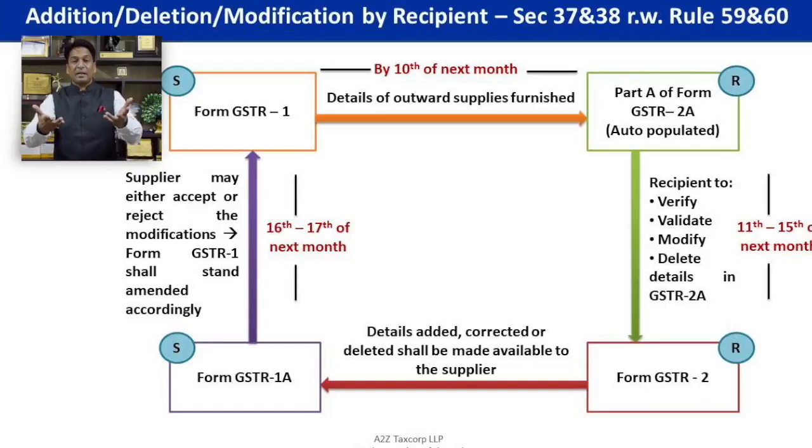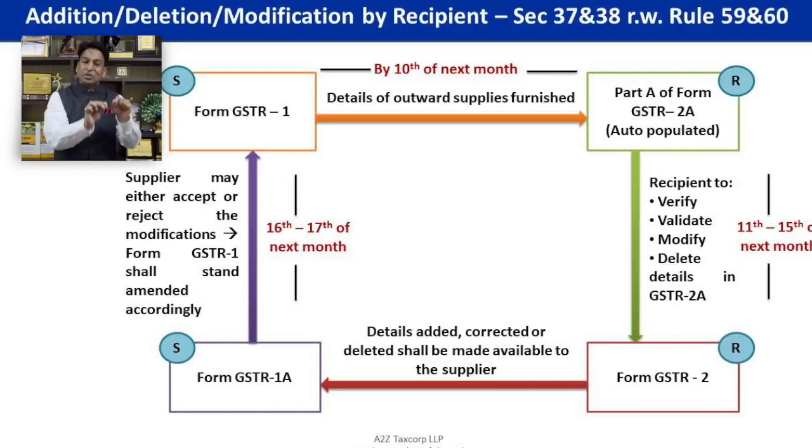What happens? Being the recipient, you will not find that particular entry in GSTR-2A. The question comes, can you really take credit? You have the invoice, you have received the goods, but the invoice particulars are not uploaded by the supplier. Yes, you can add.